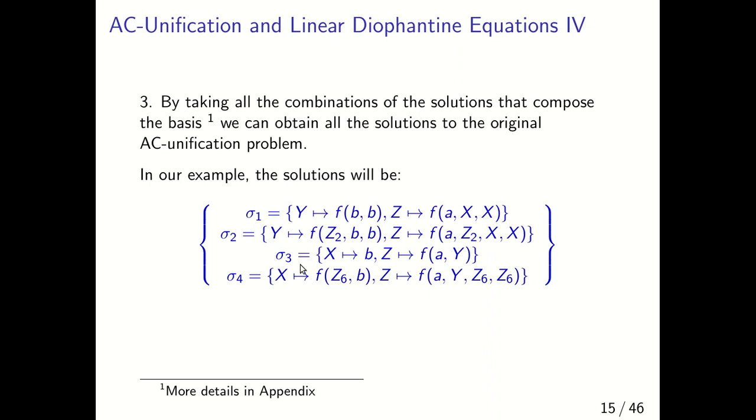There's also a solution like sigma 4, which instantiates x to f of z6 b, so it introduces this new variable z6, and instantiates z to f of a y z6 z6, so it compensates by also introducing z6 on the other side of the equation.